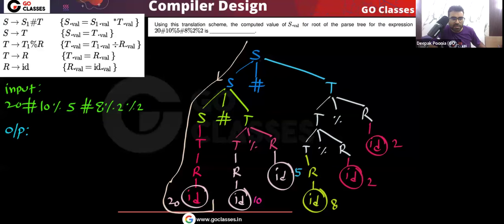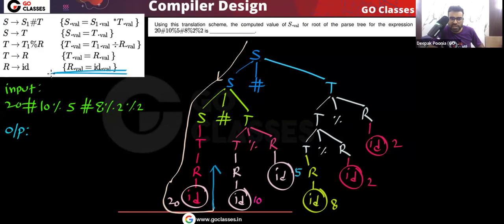Now you can see that we found this reduction. Let me use this color. id is reducing to r. Correct? Yes or no? This id is reducing to r. So immediately after this reduction, we will execute the corresponding semantic action, because you are reducing this production.